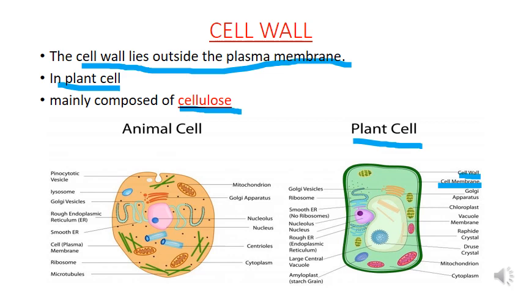Okay, cellulose is the main component of the cell wall, and this cellulose will provide the cell wall with rigidity or strength. That is, it will be more rigid. The cell wall will be more rigid than the plasma membrane because it is composed of a substance known as cellulose.